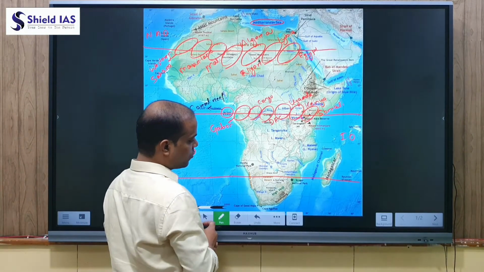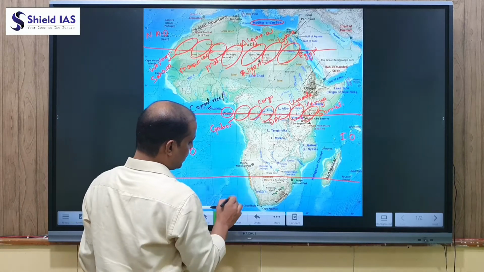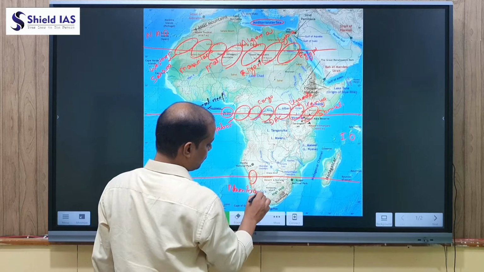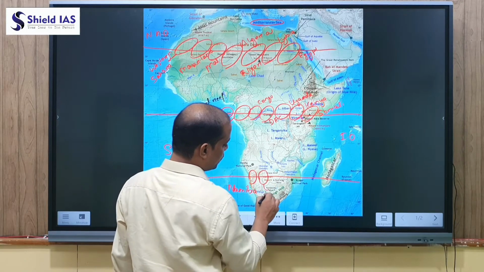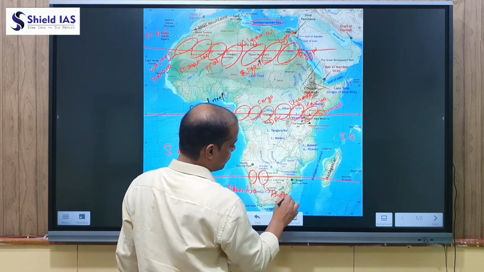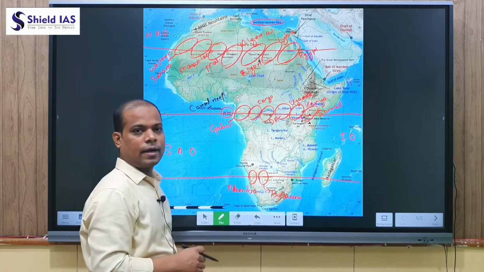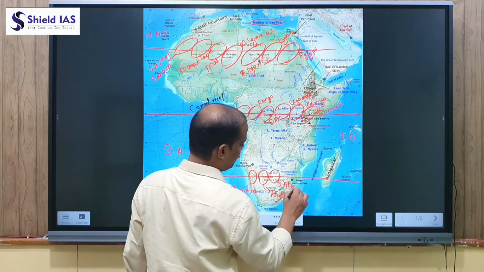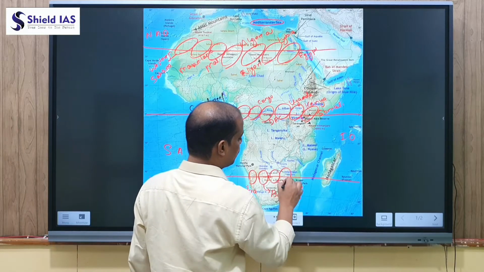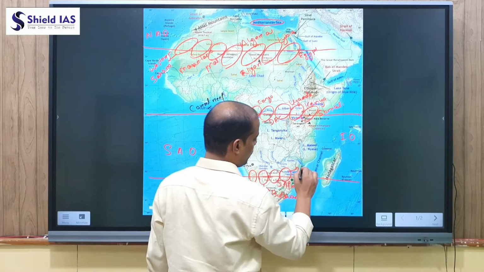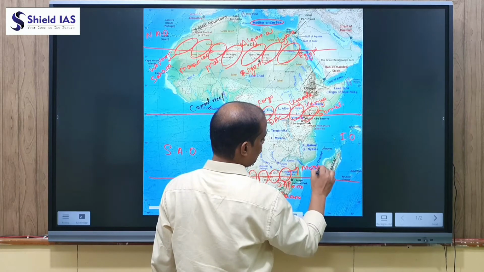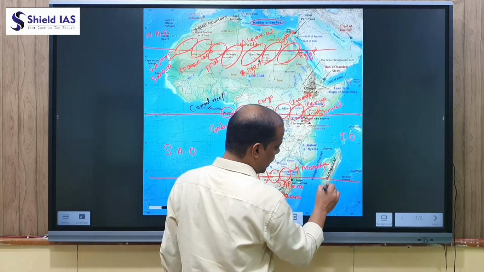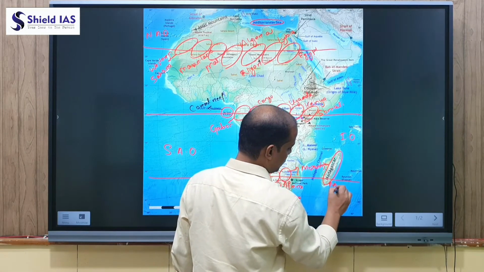And when you talk about the Tropic of Capricorn, in the western part we have Namibia, and east of Namibia we have Botswana, and east of Botswana we have South Africa, and east of South Africa we have Mozambique, and apart from the continent there is a small island of Africa, that is Madagascar.